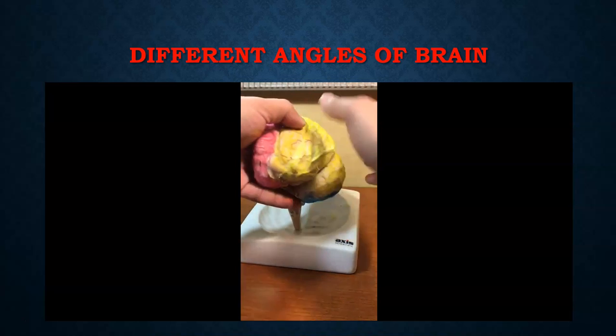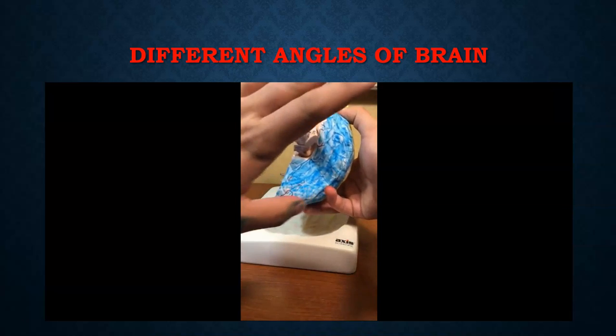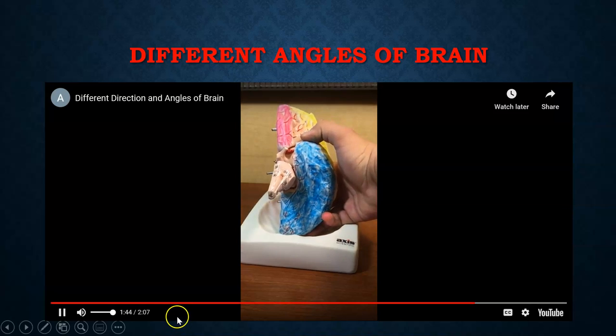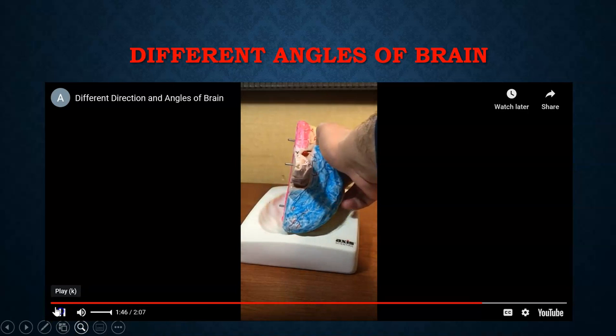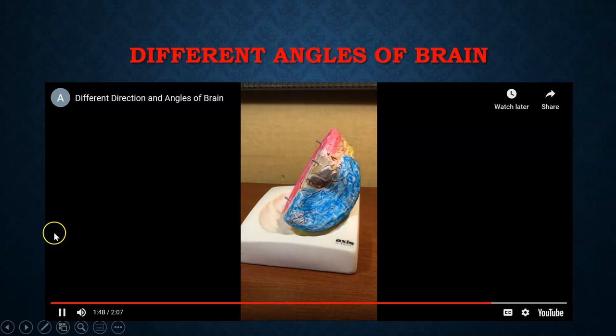From the top was superior, this is lateral side, and from the bottom, that was inferior view of your brain. These terminologies and the different angles are very important to learn.